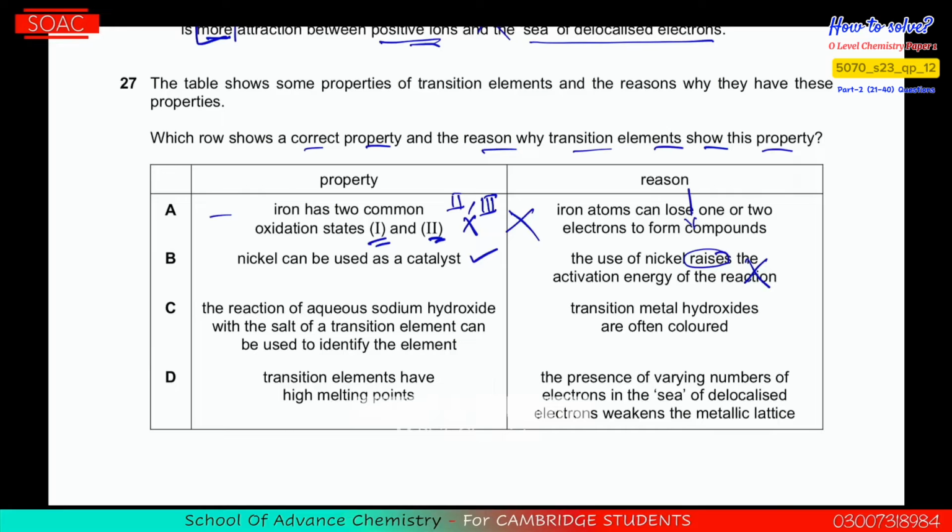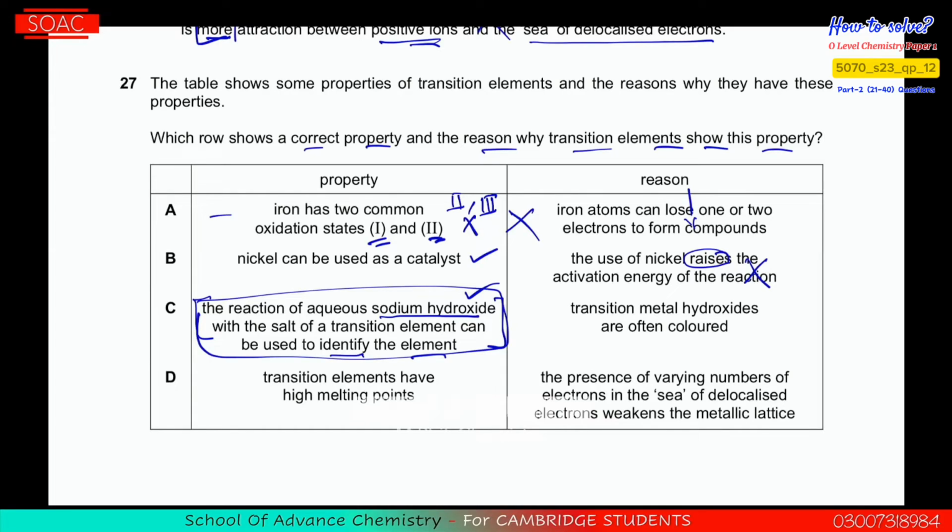C, the reaction of aqueous sodium hydroxide with the salt of a transition element can be used to identify the element. Yes, when transition elements react with sodium hydroxide, they make colored hydroxide precipitates. This property is correct.